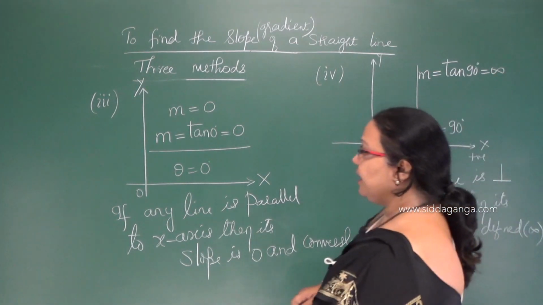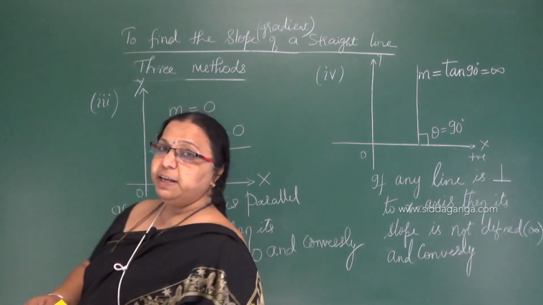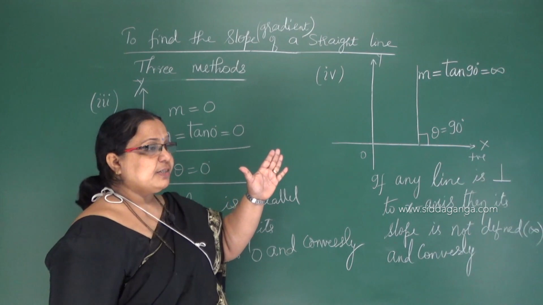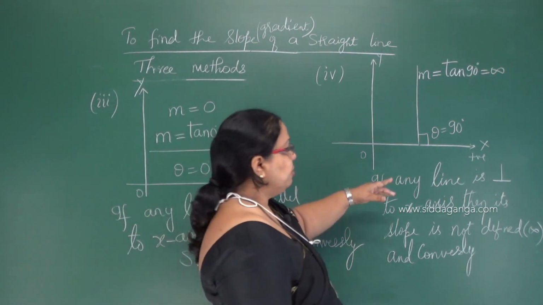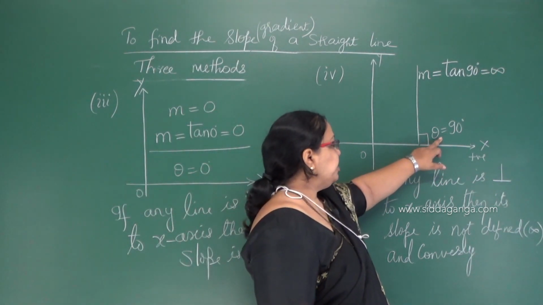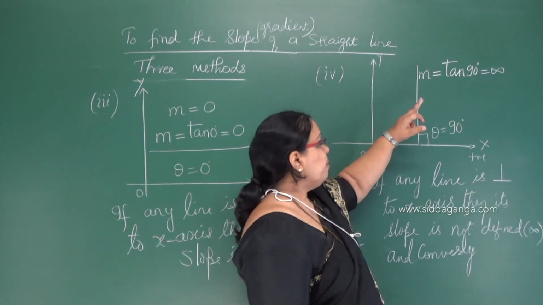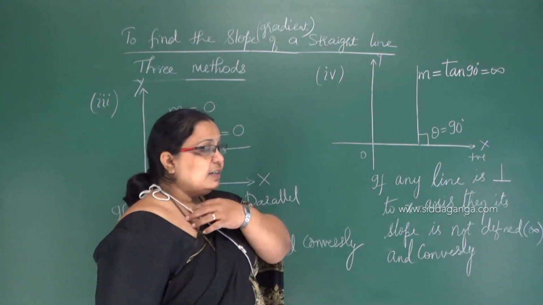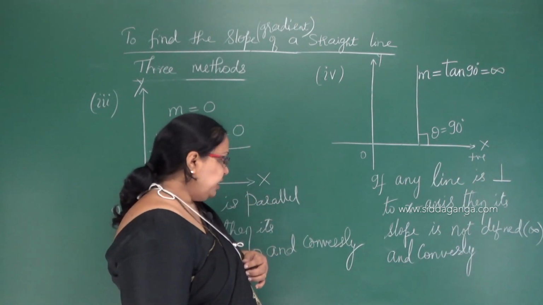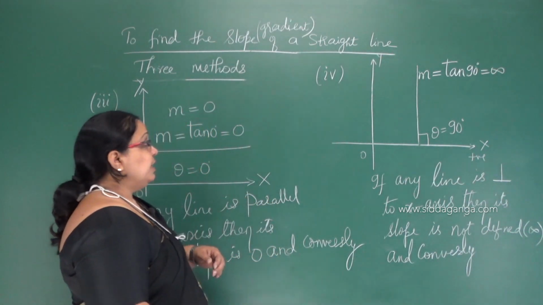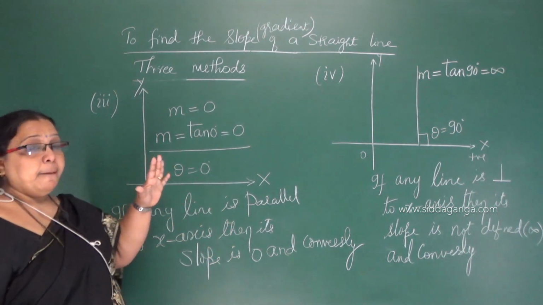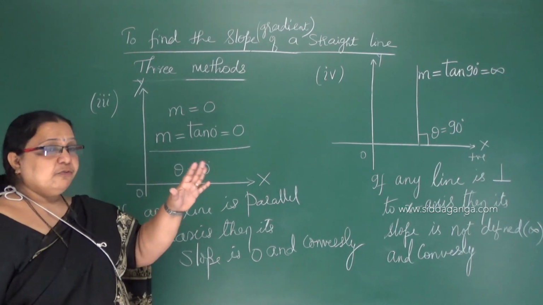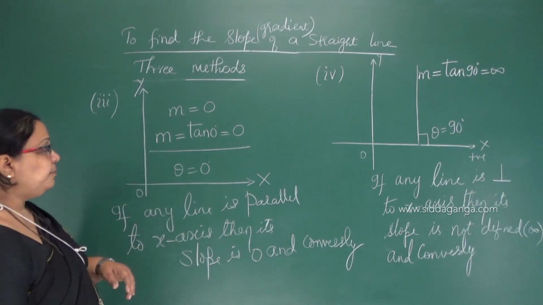If any line is perpendicular to x-axis or parallel to y-axis, then its inclination with x-axis is 90 degree. So therefore slope of such line is nothing but not defined, denoted by infinity. So that is, in the first method to find the slope, we have these four concepts.